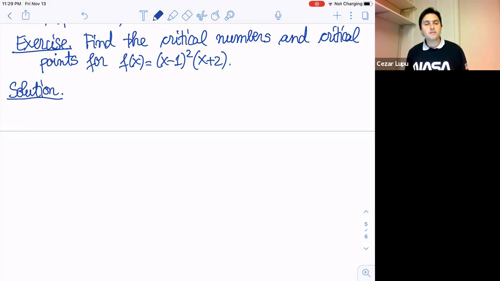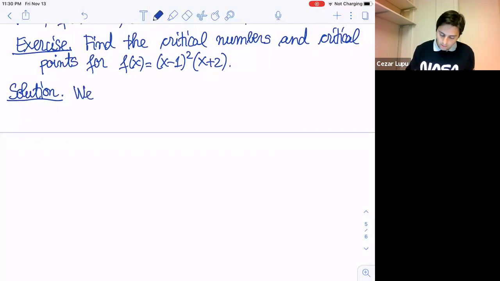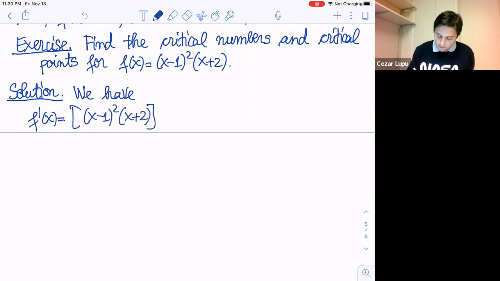So f of x is defined for all real values of x, right? Since this is a polynomial, probably a polynomial of degree 3. So we have that f prime of x is, let me write it in this way, x minus 1 squared times x plus 2, everything prime, so the derivative of this guy.